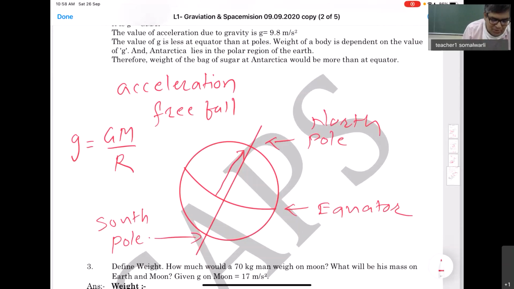This is because the earth is a little flattened at the poles. Because of that, the radius of the earth towards the polar region is a little less than its radius towards the equator. As a result, the acceleration due to gravity at the pole is a little greater than at the equator.